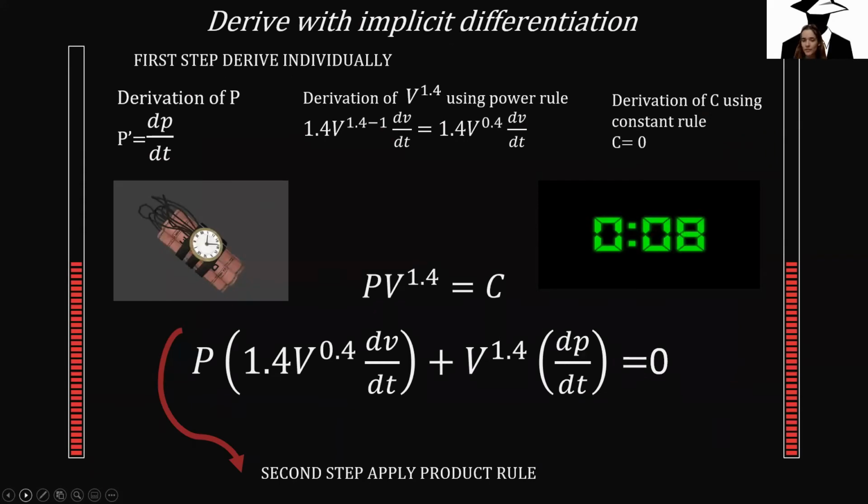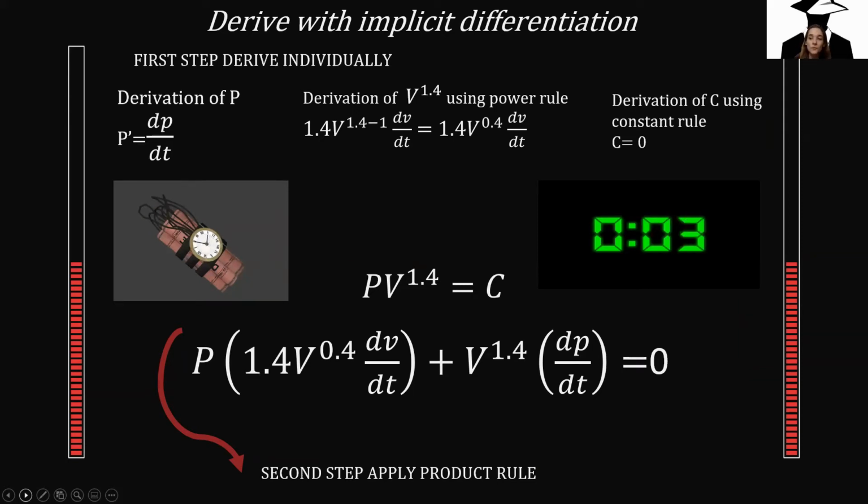After doing so, we start with the more difficult parts of the problem. We differentiate the equation that was given individually. The derivative of P equals its rate of change, dP/dt, times 1, but technically we all know that it's multiplying by 1. Also, for the derivative of V to the 1.4, we are going to use the power rule.